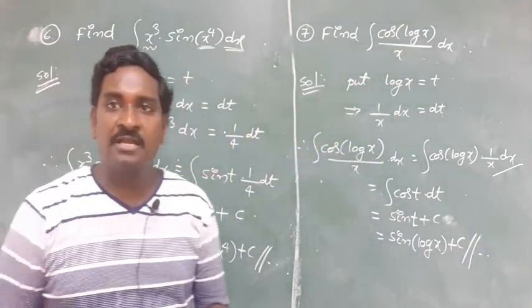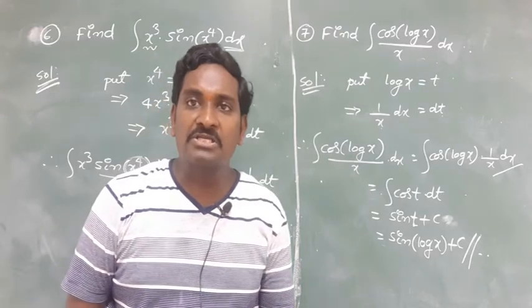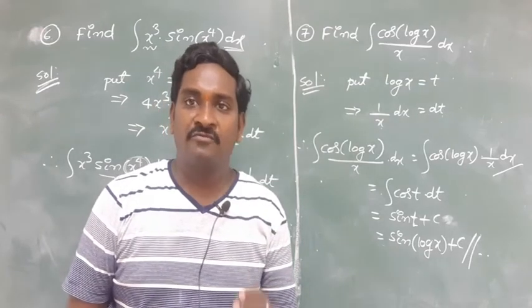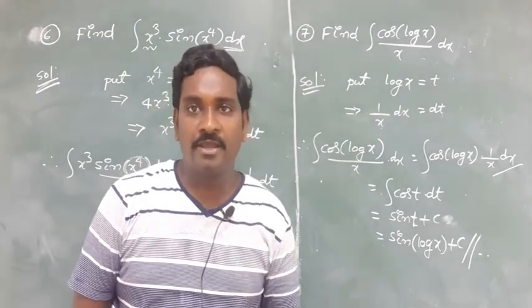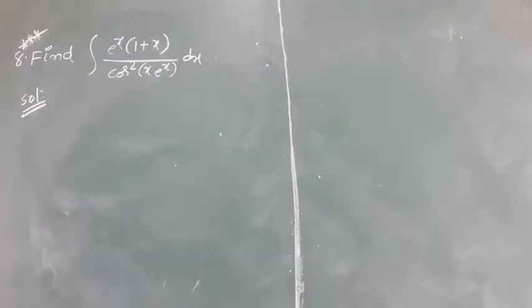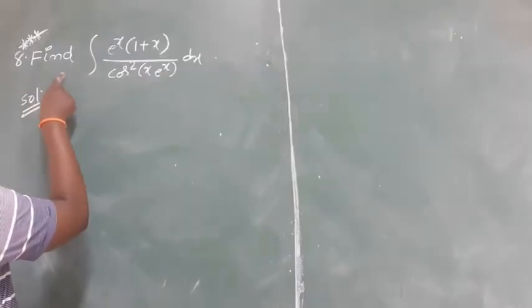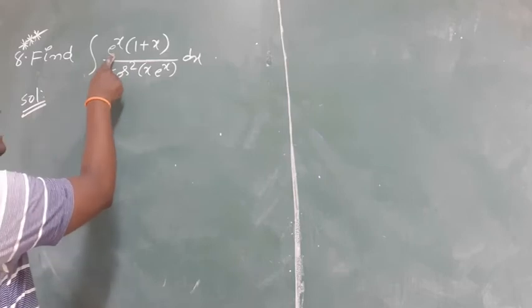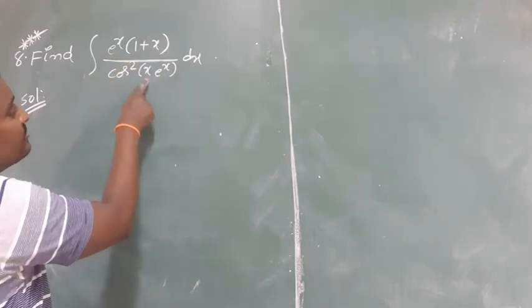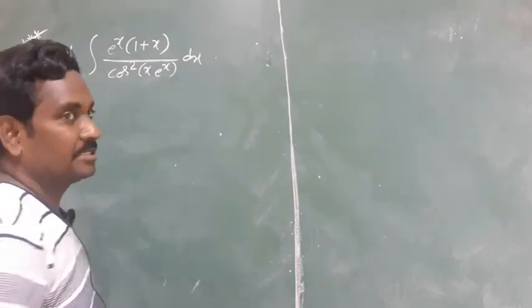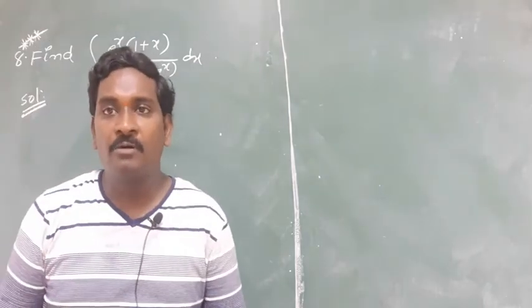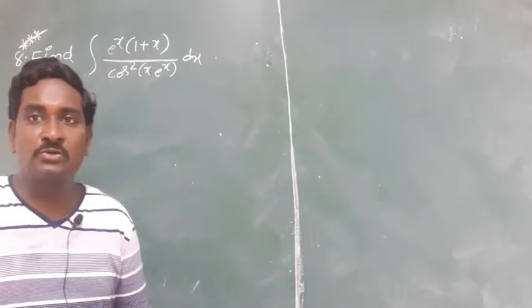For the substitution you should observe the structure of the given problem carefully. It is very, very important. See the next problem. Find integral e power x into 1 plus x by cos square of x into e power x dx. This is a very, very important problem for both Telangana and Andhra students.